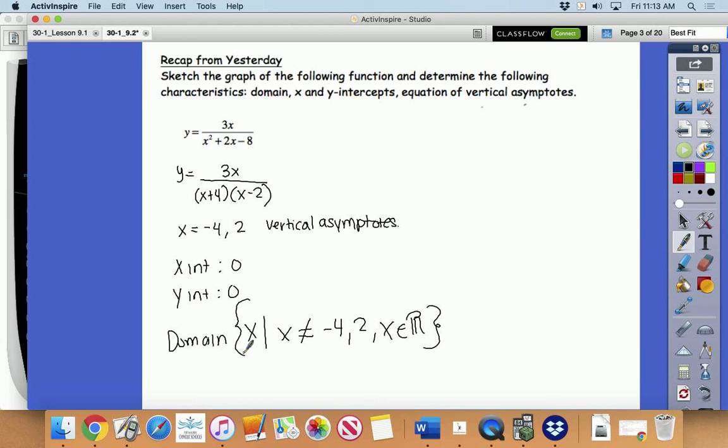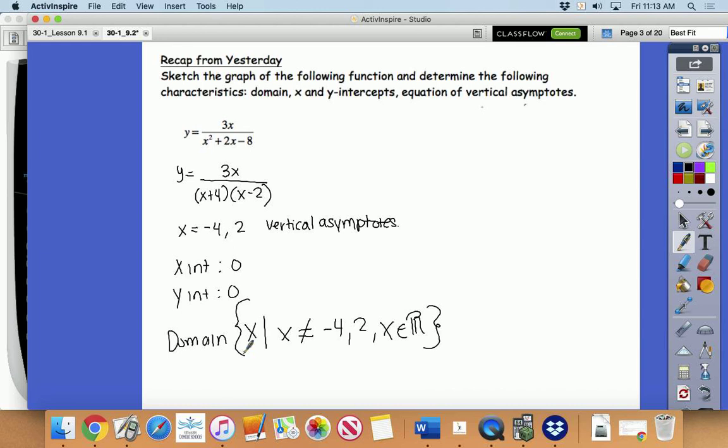In calculus, you would then focus on the range, and you would actually have to look at it in pieces because not all of the graph can have y equal to 0. We would have to do piecewise functions for that, but that's more of calculus. If you're going to calculus, you might see that later on. But we just want to answer what is the domain, which we did, what the x and y intercepts are, done, and the equation of the vertical asymptotes.